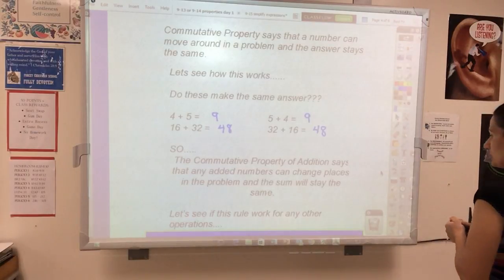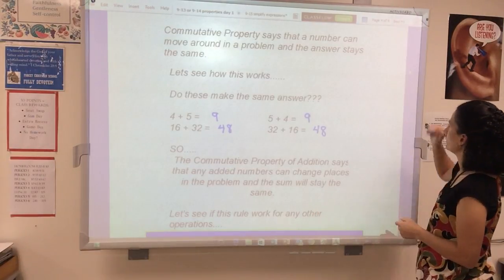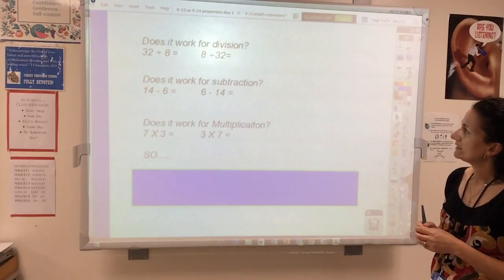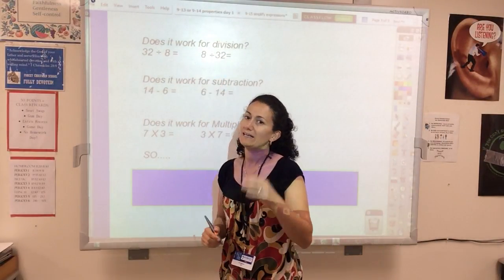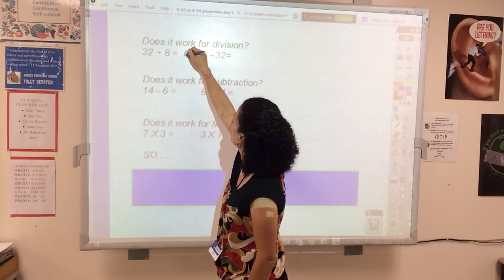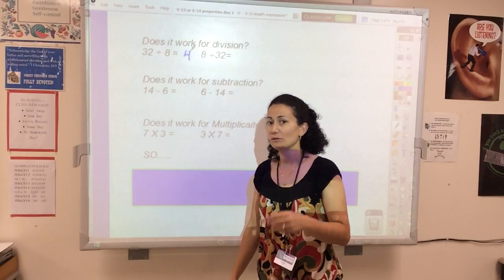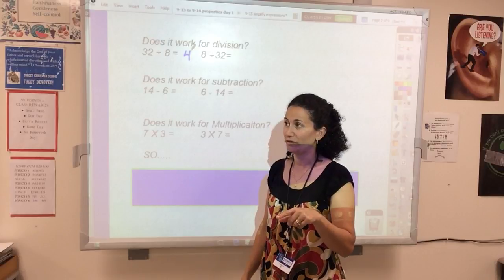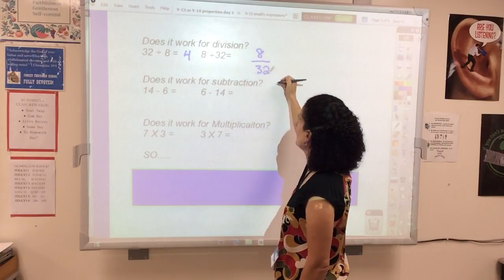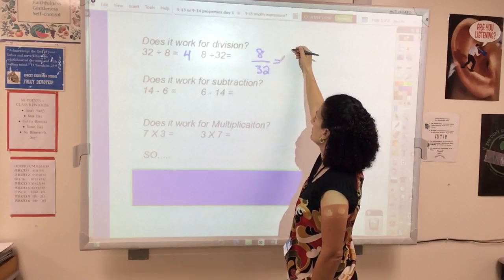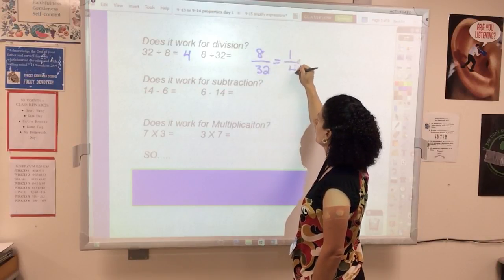Let's see if this rule works for any other operations. Does it work for division? 32 divided by 8 is 4. 8 divided by 32 is not 4. Let's check it out. 8 divided by 32, think of it as a fraction, that reduced is 1/4.